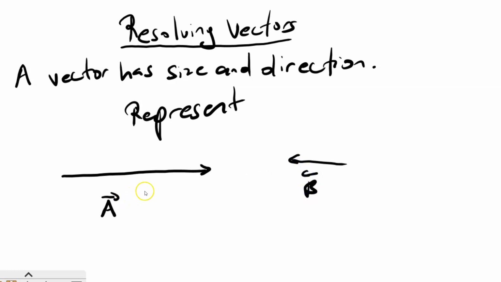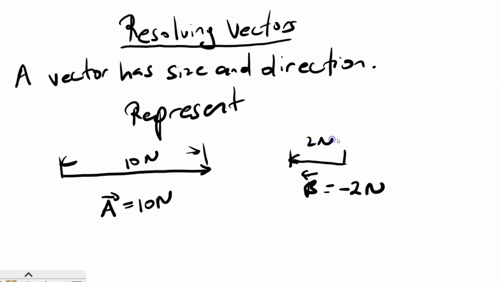Notice that for vector A and vector B, let's put some values here. For argument's sake this is equal to 10 newtons, and this is equal to minus 2 newtons. Notice that the length here, although it's a sketch, is shorter than this one. So we know that 10 newtons needs to be bigger than 2 newtons.